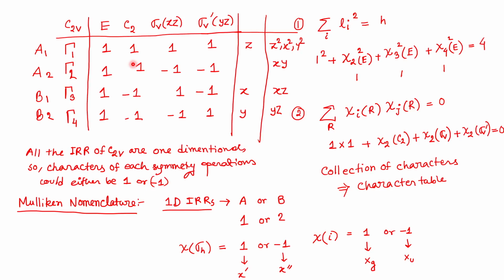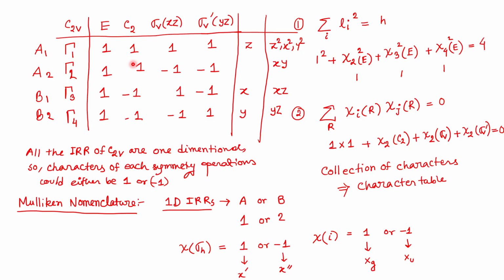For C2v, it is sigma v. You can see that the first one is symmetric with respect to sigma v, but the second one is antisymmetric with respect to sigma v. So the first one is A1 and the second one is A2.